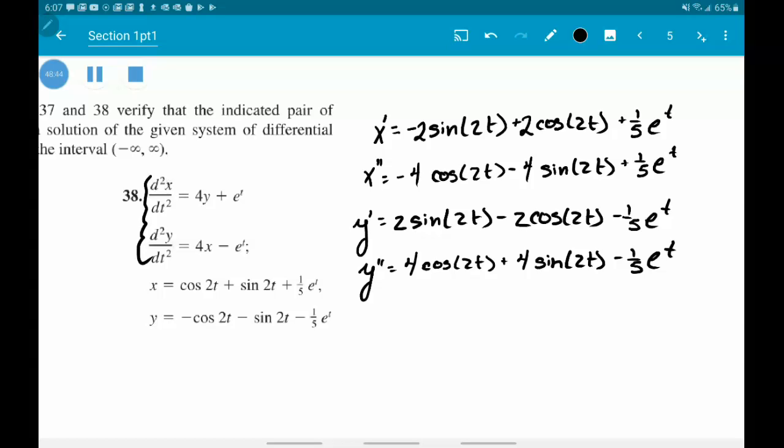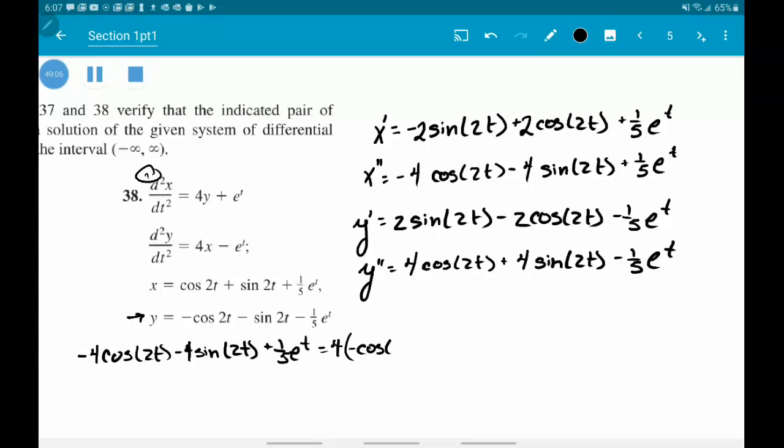I'm going to plug it into this guy first. So x double prime is equal to 4 times y. Here's my y, plus e to the t.